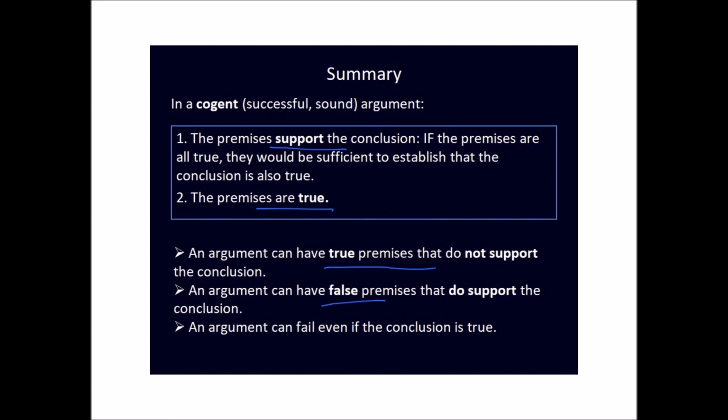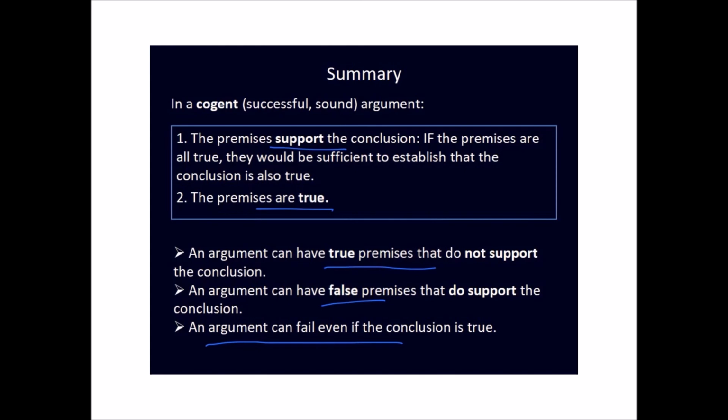And finally, it's important to remember that an argument can fail to be successful even when the conclusion is true. You can have a bad argument, an unsuccessful argument, for a true conclusion. That is something people sometimes struggle with when they're evaluating arguments. What people have a tendency to do is look at the conclusion of the argument and ask whether they believe the conclusion.